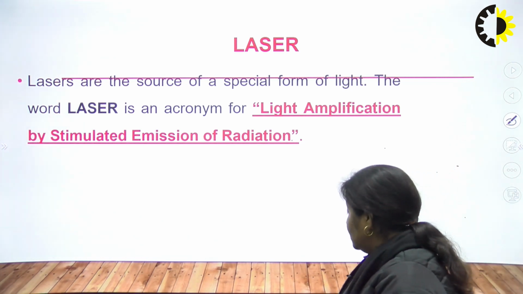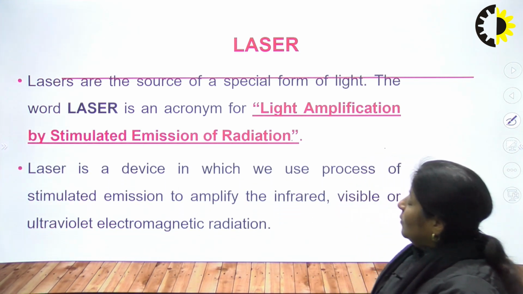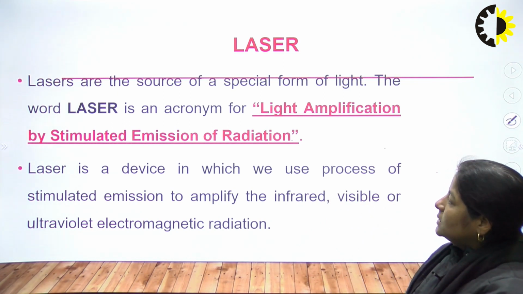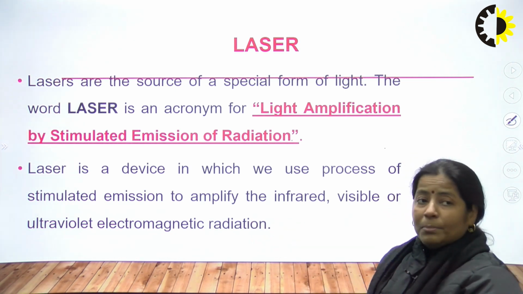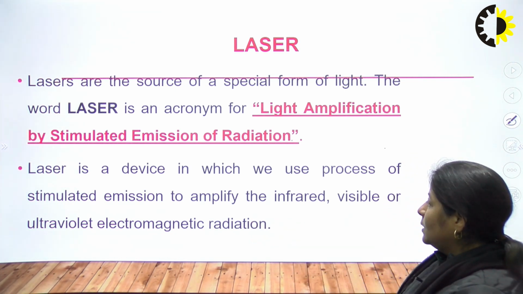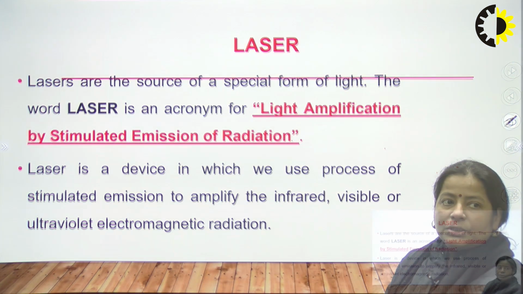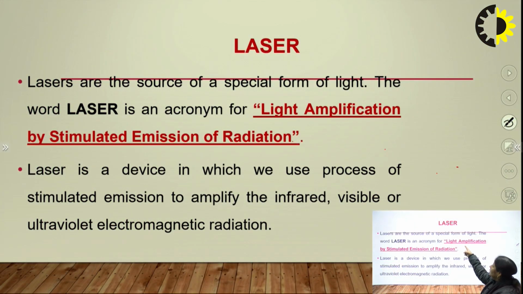All right. So next, we have already discussed that a laser is a device in which we use the process of stimulated emission to amplify the infrared, visible or ultraviolet electromagnetic radiation. That means, to achieve the light amplification mentioned here, we first generate a process of stimulated emission, and then the radiation which we get from the stimulated emission, we amplify.